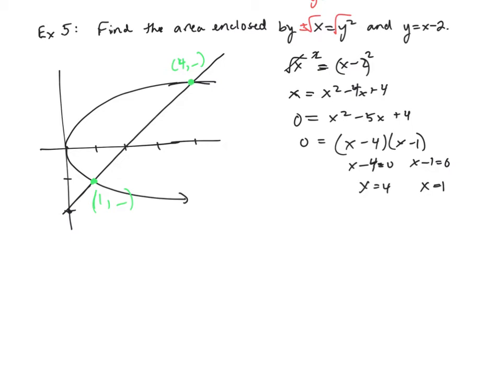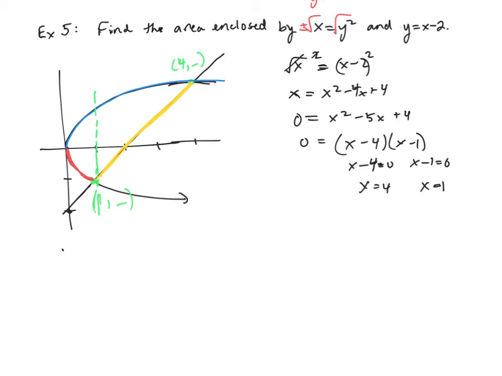If I take my positive square root of x and make that my top curve, that's cool, but my bottom curve is actually the negative square root of x for this first portion right here. So that's until we get to that x equals 1. And then my bottom curve changes to my linear piece for the rest of the region.